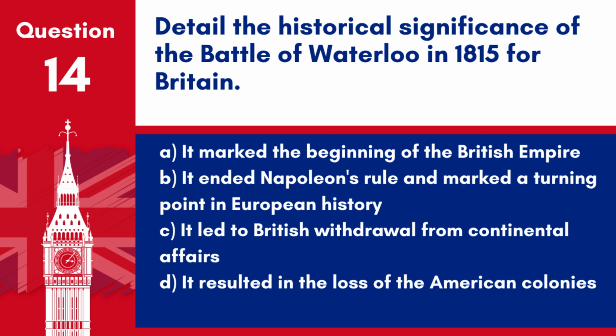D. It resulted in the loss of the American colonies. Answer: B. It ended Napoleon's rule and marked a turning point in European history. The Battle of Waterloo in 1815 was significant for Britain as it ended Napoleon Bonaparte's rule and marked a turning point in European history, contributing to a period of extended peace.